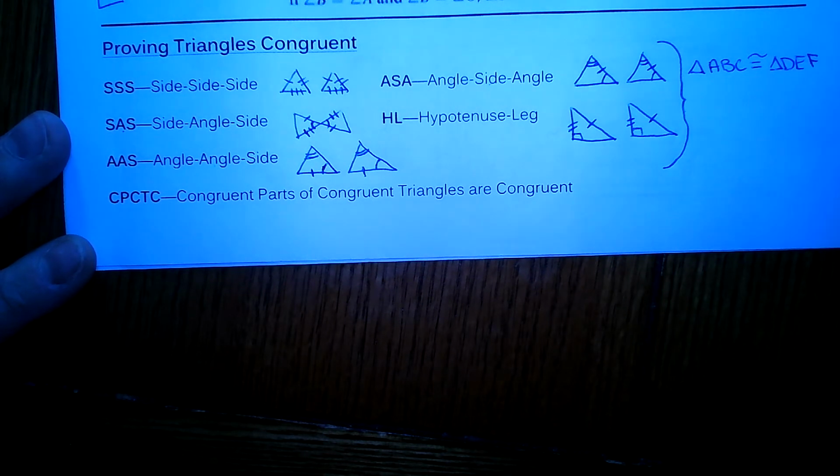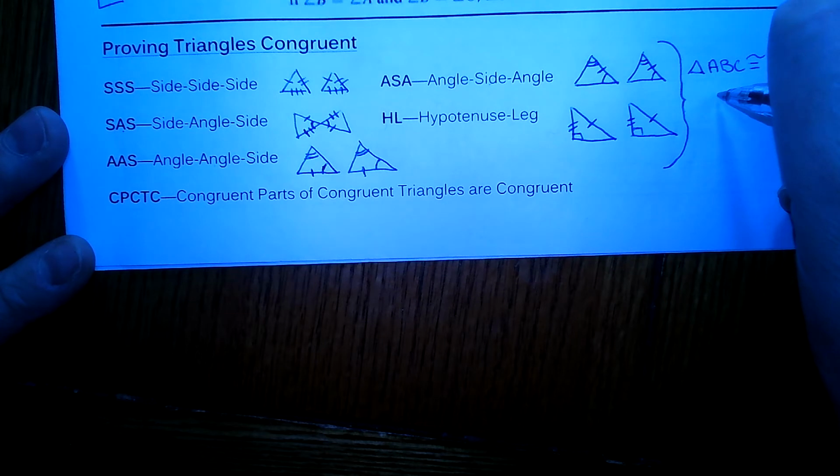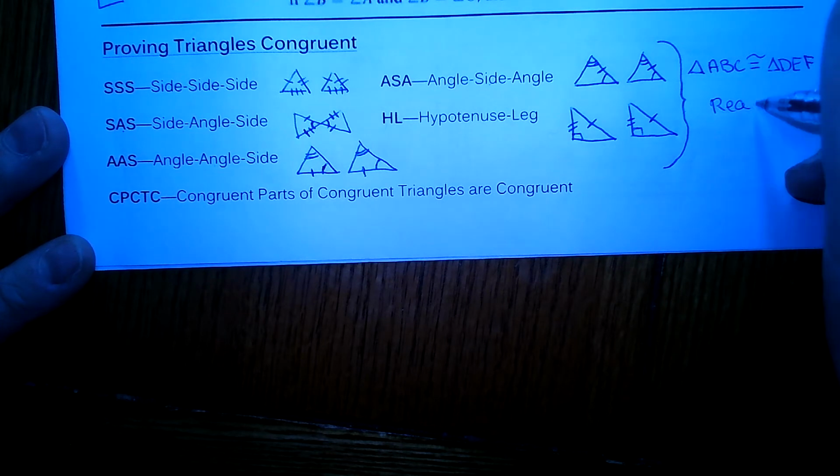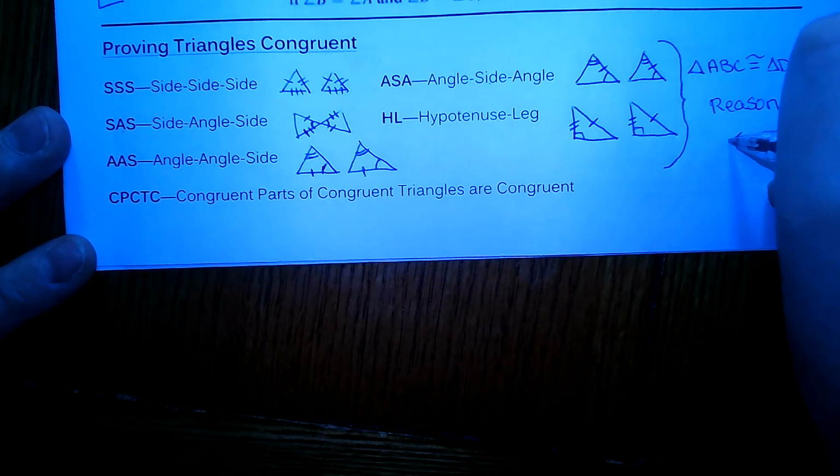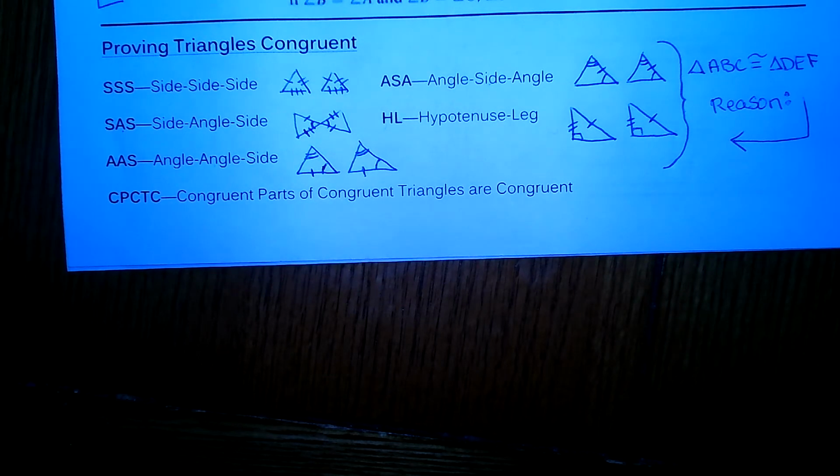Well, your reason is going to be one of these 5 ways. It depends on how you've built up your proof or what the picture provides. So one of these 5 ways is always going to be the reason for why two triangles are congruent.